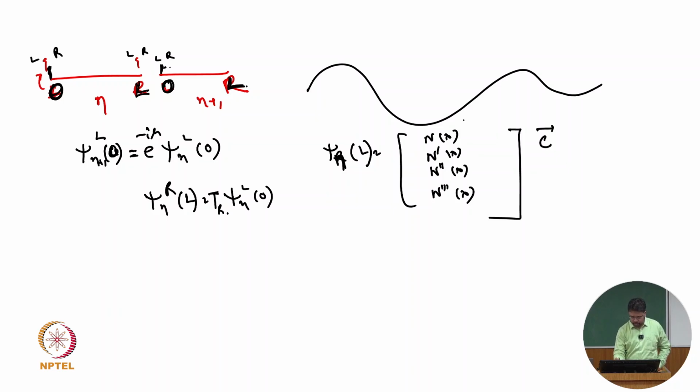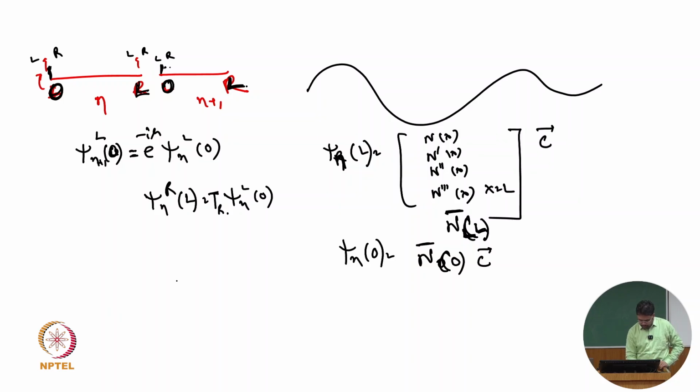So if I put x equal to L here, I can get, so I can call it as the N L matrix. And if I do it at zero, N zero matrix, we see, N bar zero matrix.